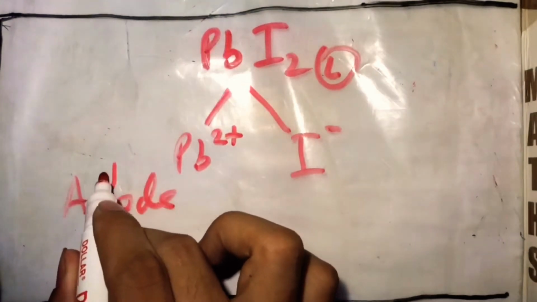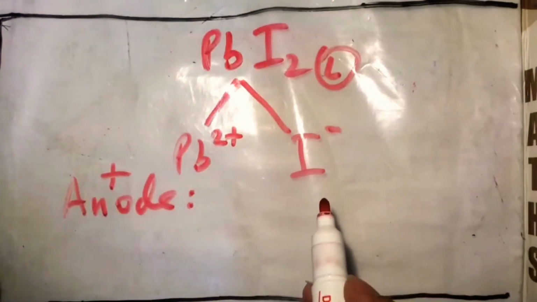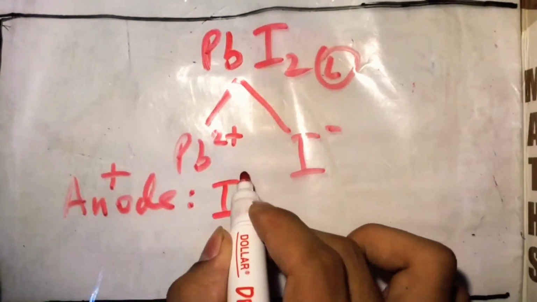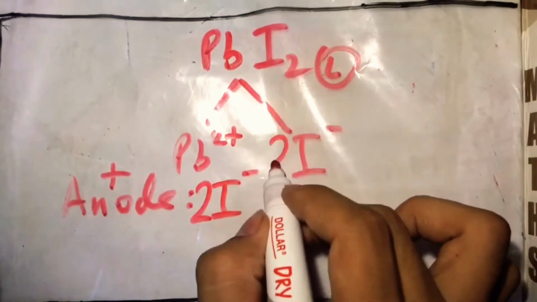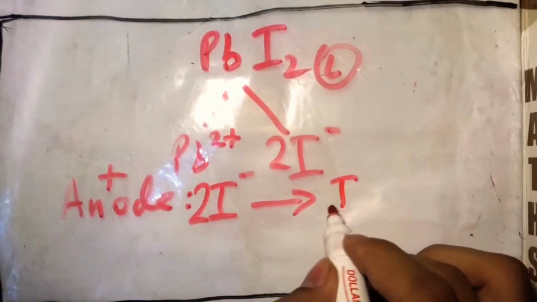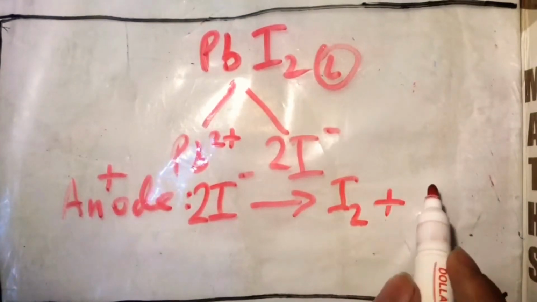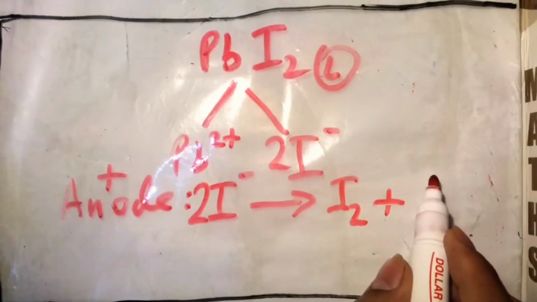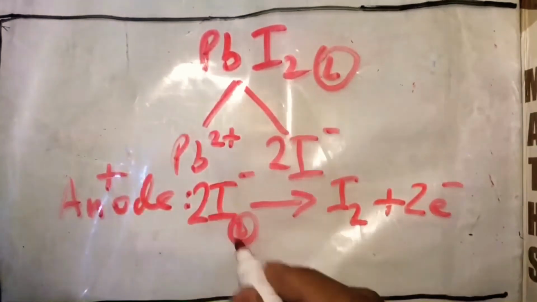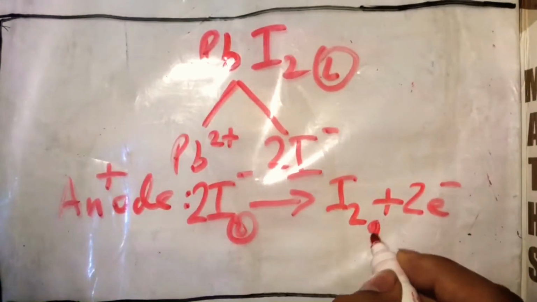At the anode, the iodide ion loses electrons to produce iodine plus 2 electrons. This is liquid, and iodine over here will form a gas.